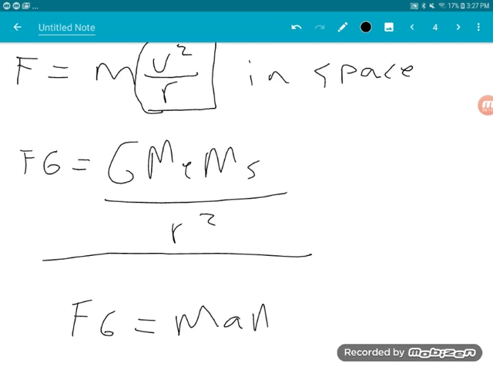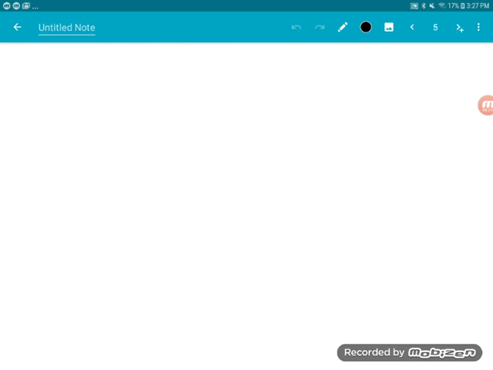B minus is where velocity was constant, and B plus is where the boosters are on and you're changing your velocity. So we've got the gravitational constant, times the mass of the Earth times the mass of the spaceship, all divided by radius squared.